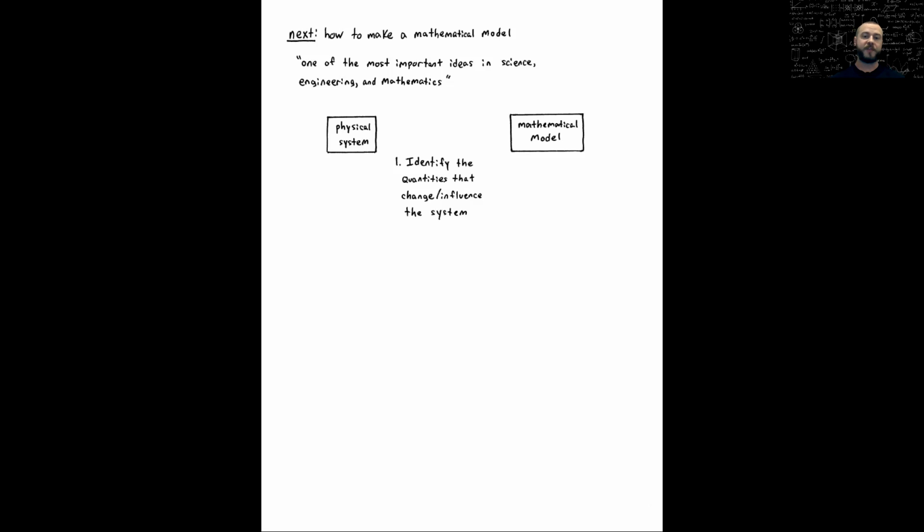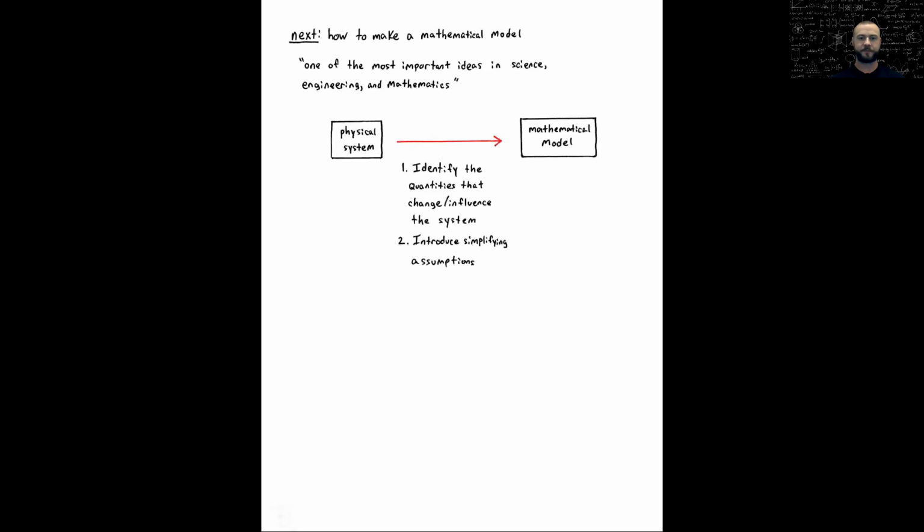All right, part of the problem with this is if you include too much, in other words, your model is too realistic, maybe due to all the forces, the equations are too difficult to solve. So what you want to do is introduce enough quantities that change or influence the system to get an actual model, but you want to simplify it a little bit to make the equation solvable.